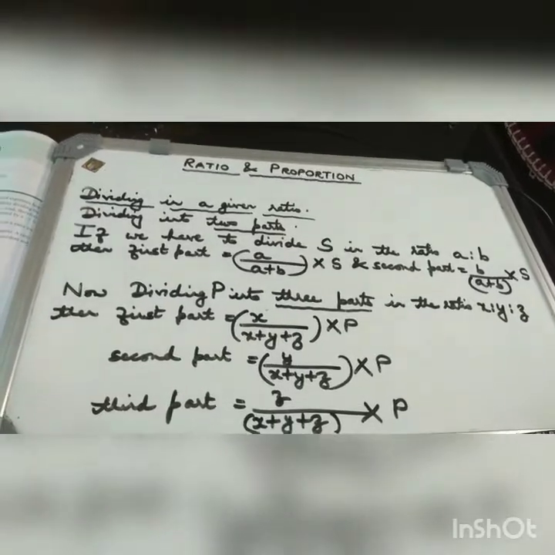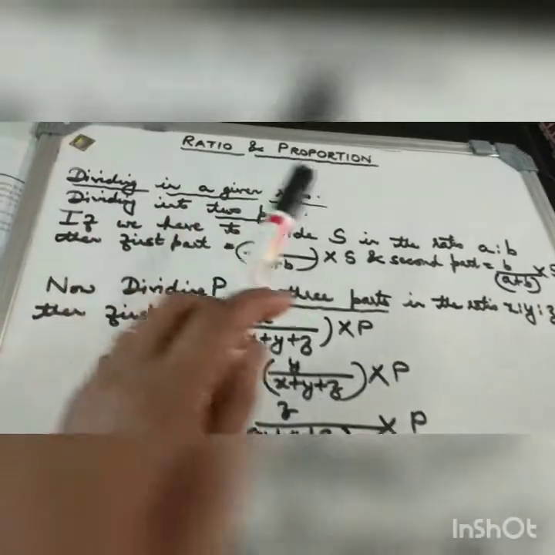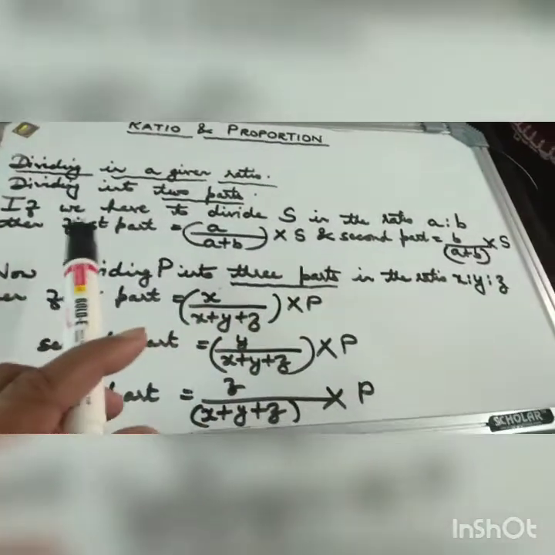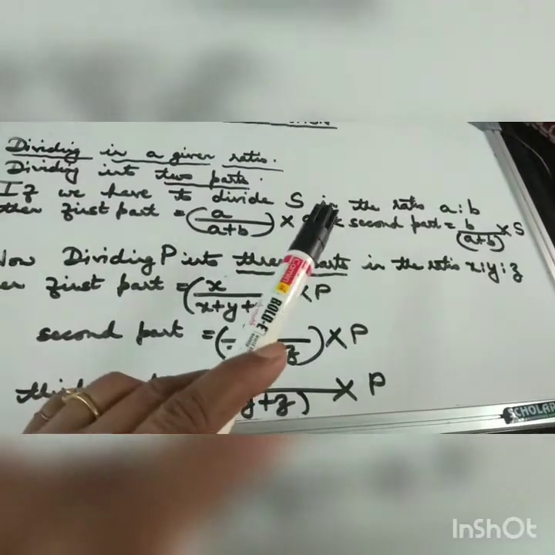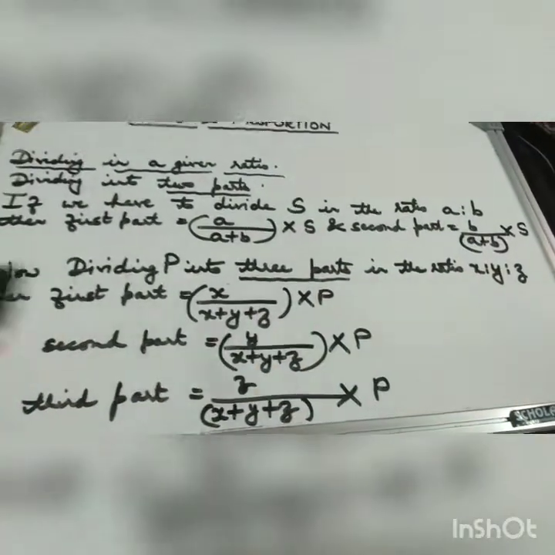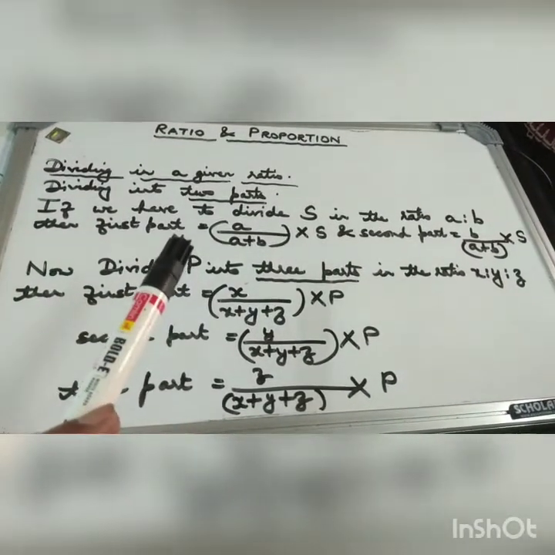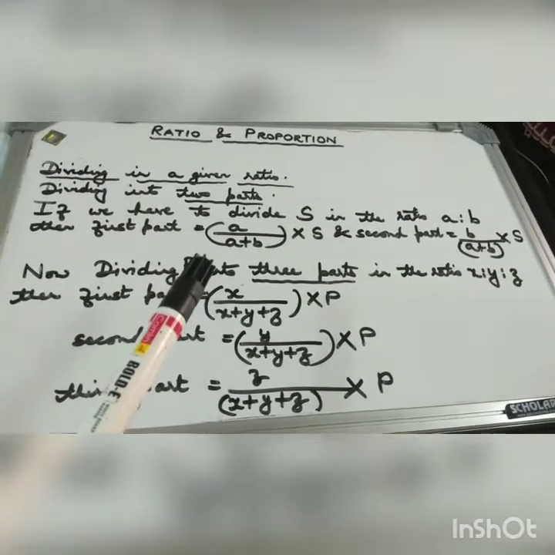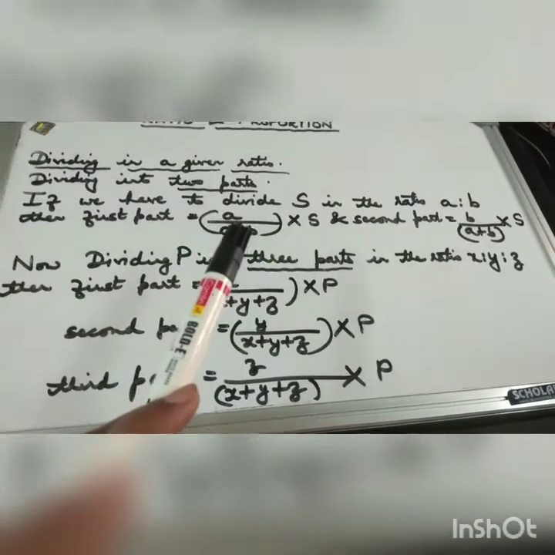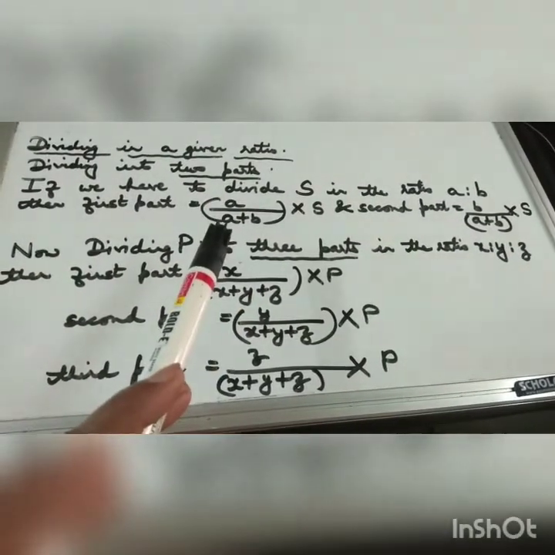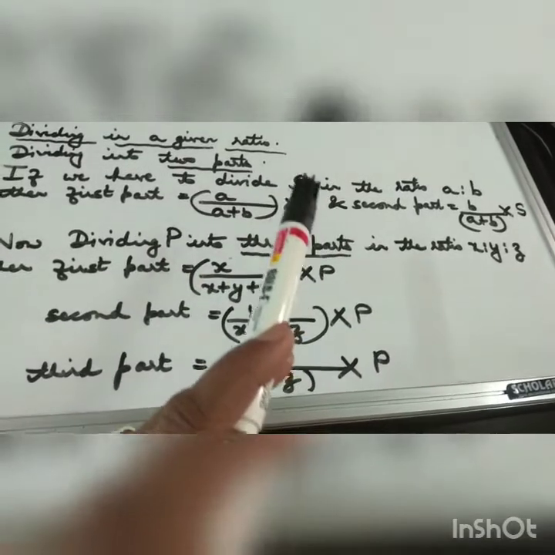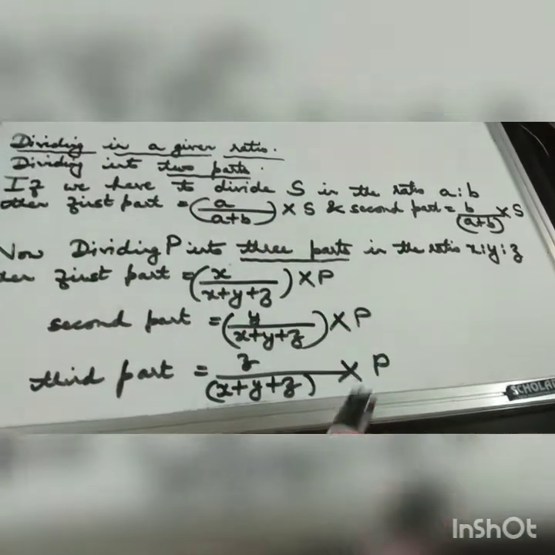Now, if we have to divide into two parts, then we have to divide, suppose S in the ratio A is to B. Then the first part will be given by A upon the sum of the ratios A plus B into the sum S, which is to be divided.